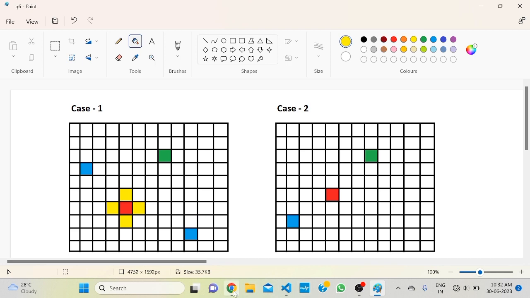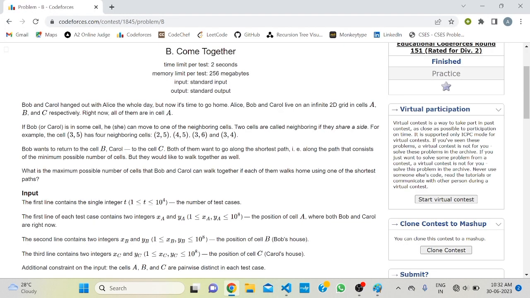So Bob wants to return to cell B and Carol to cell C. Both of them want to go along the shortest path, that is along the path that consists of the minimum possible number of cells. But they would like to walk together as well. So Bob has to go to cell B and Carol to cell C, and they have to go together also, through the shortest path also.